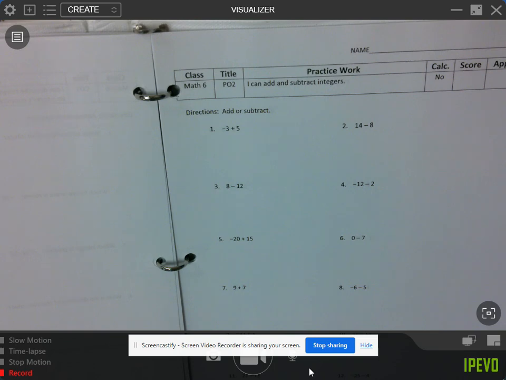You do the practice work, get it approved, and you turn it in to me, and I say, oh, you did the practice work for PO2. Here's your retake. Oh, okay. That makes sense. Not random at all. You do the practice work, you get it approved by me, then you hand it to me for that retake.